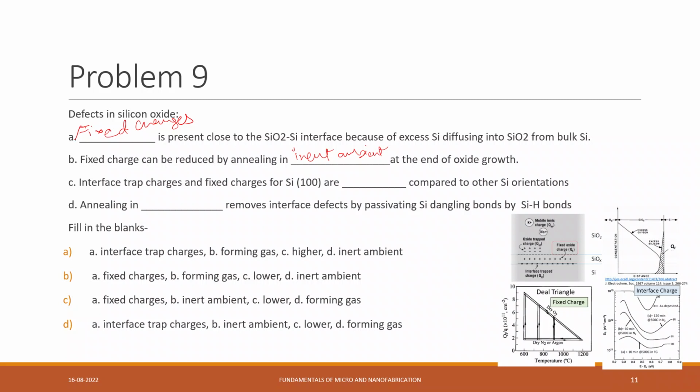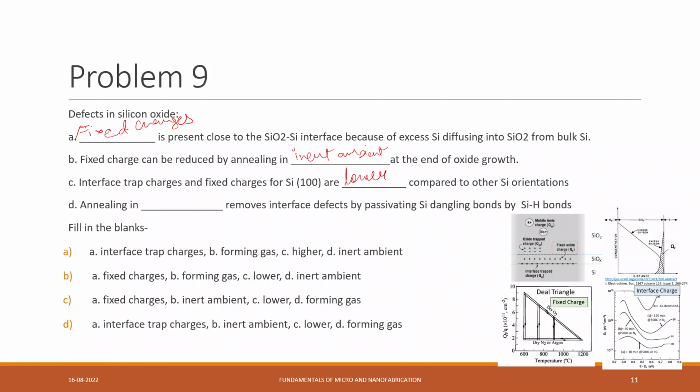The third statement is that interface trap charges and fixed charges for silicon 100 are lower compared to other silicon orientations. That's why the popularity of using the silicon 100 plane has increased.